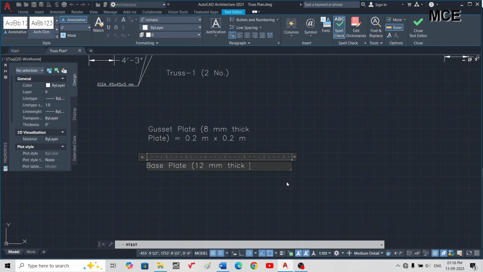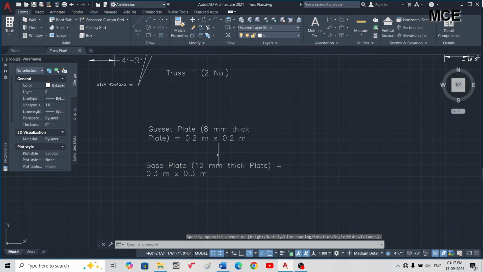Okay, and let's take its size as 0.3 meter into 0.3 meter, that is 1 foot by 1 foot. Okay, the actual size of the plate can be seen at the site, what will be the ideal size, but 0.3 meter into 0.3 meter will be ideal for most of the cases.